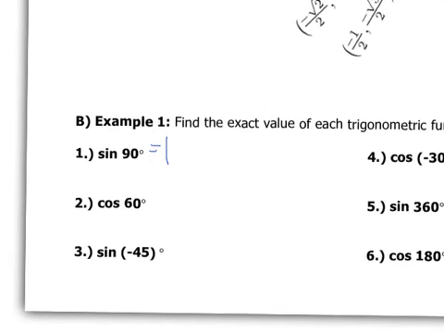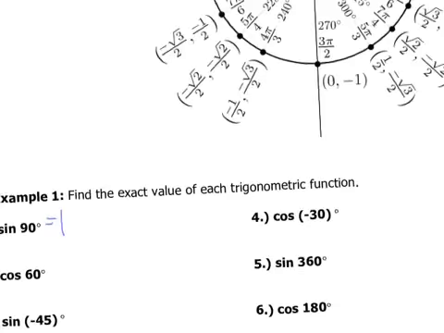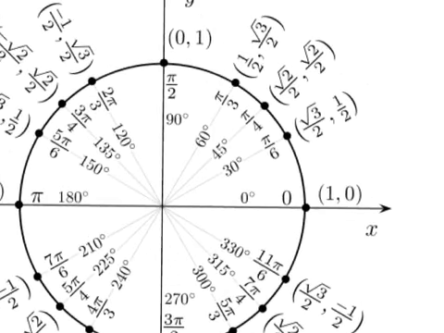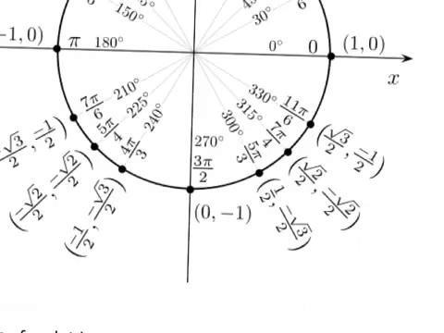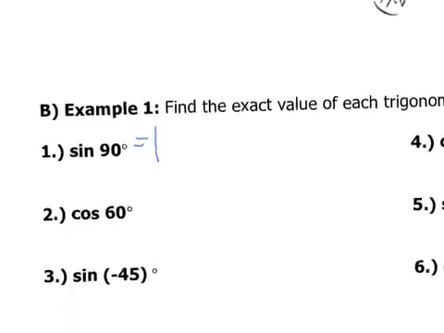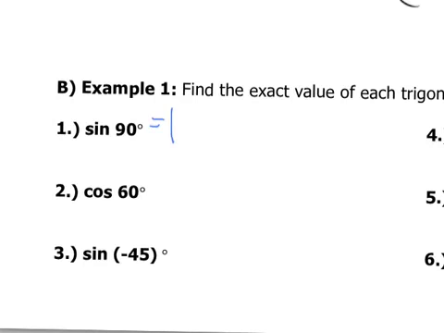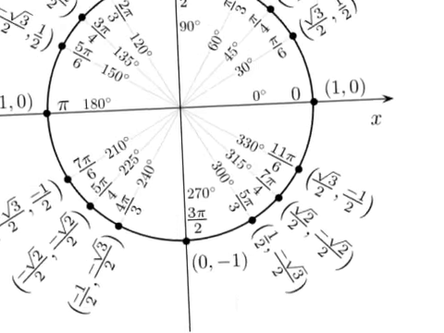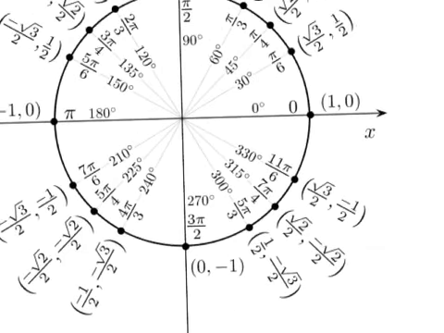Cosine of 60 degrees: 60 degrees is right here. Going to the point, I know cosine is x, so cosine of 60 degrees is 1/2. What about sine of negative 45 degrees? Where would you go on your unit circle?